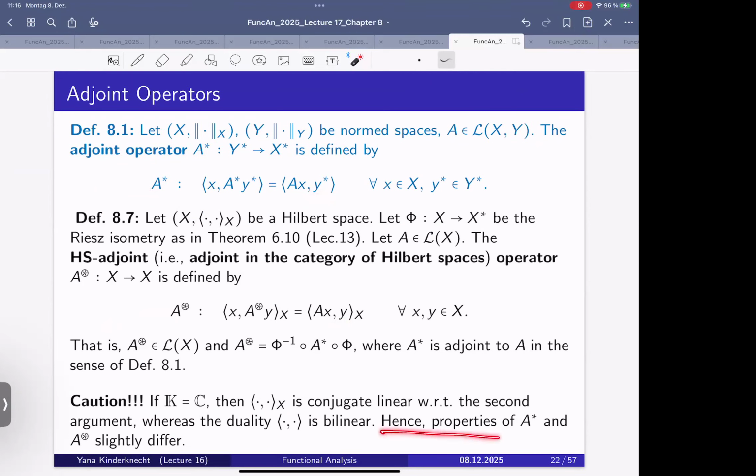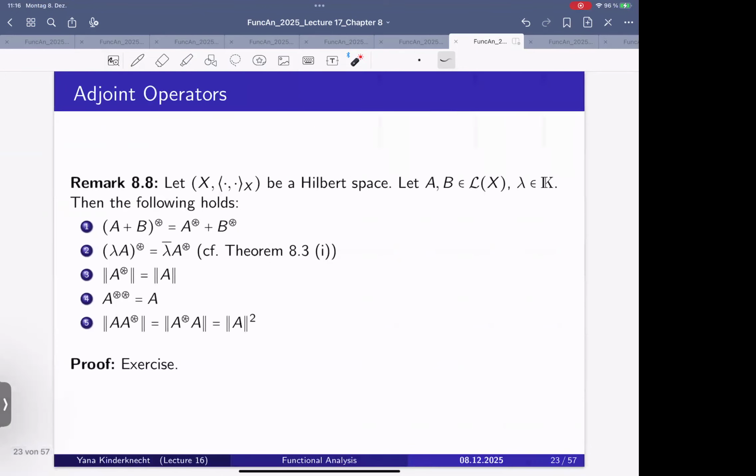So the properties of this guy are a little bit different from the properties of this guy. That's why let us summarize the properties. So let X be a Hilbert space, A and B bounded linear operators on X, lambda a scalar, then the following holds.